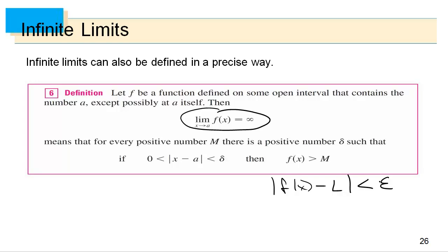It can't be within a certain amount from some number. So instead we just know that if it blows up to infinity, it gets arbitrarily large, which means no matter how big of a number you choose, the function will be bigger than that number. So we're just swapping out the original thing that it has to be within a certain number with the new idea that it has to be bigger than a certain number.